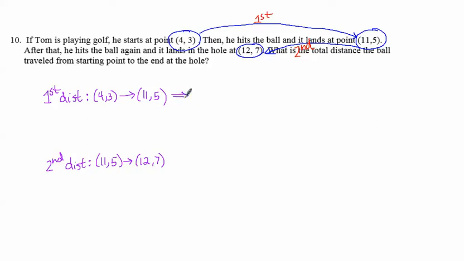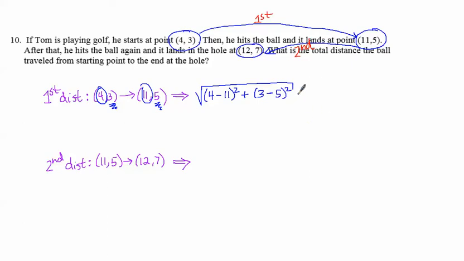So let's use our distance formula. For the first point, we're going to take the x's and we are going to subtract them, squared. Then we're going to take the y's, plus in between, 3 minus 5 squared, and all of that goes inside a square root.